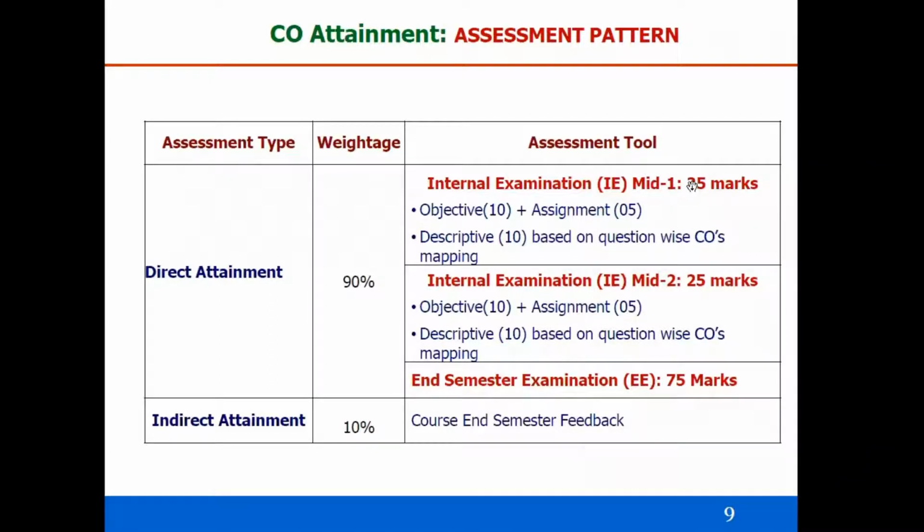Suppose 25 and 75, some universities or institutions may follow the marks distribution as it is. So 25 is the internal weightage and 75 is the external weightage, or 20, 80. Some PG programs have 40 internal marks, so 40, 60, like that. You can justify it based on the university evaluation pattern.